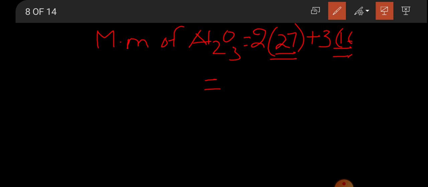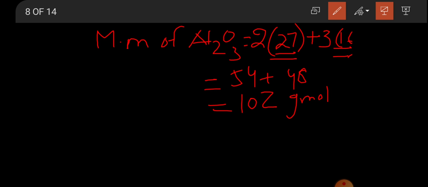So 27 multiplied by 2 is 54, plus 16 multiplied by 3 is 48, and the answer is 102 gram per mole. So students, the molar mass of aluminium oxide is 102 gram per mole.